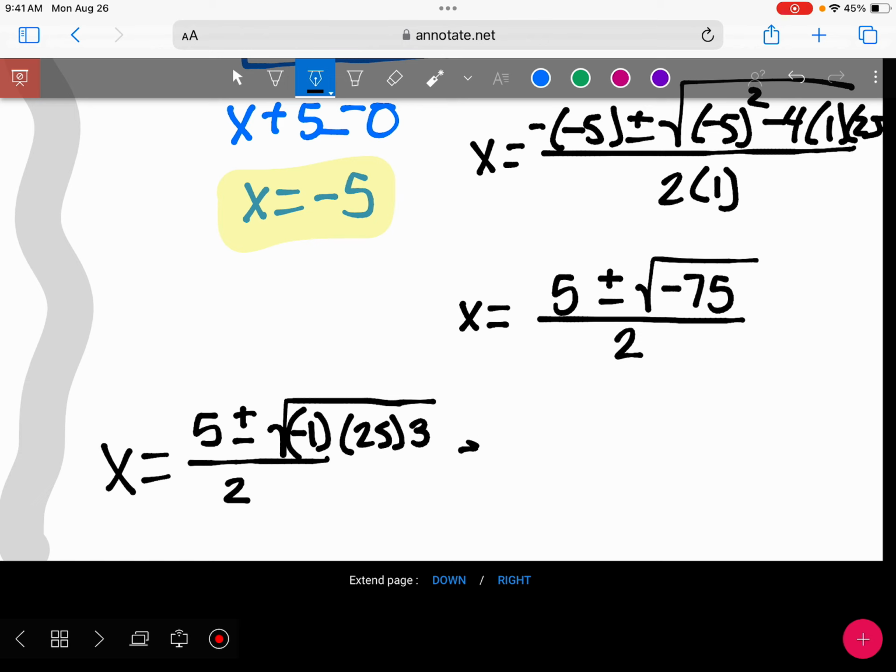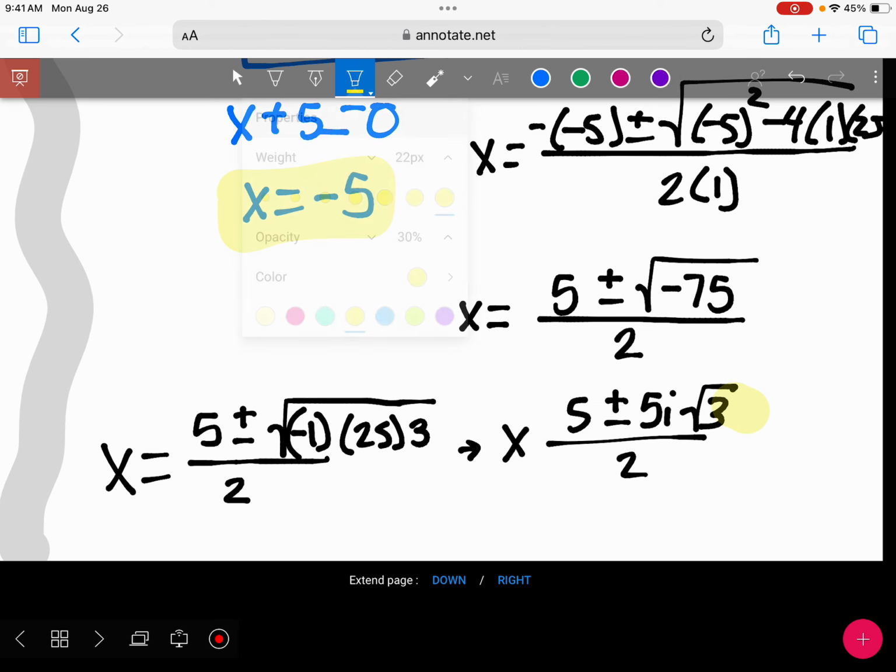The reason I do it like that, so we can think of this as 5 plus or minus 5i square root of 3. I can take the 25 through the square root. I can take the square root of that. The square root of negative 1 is i. And that'll be our solution.